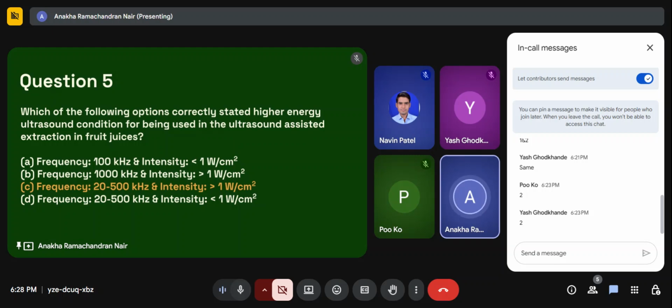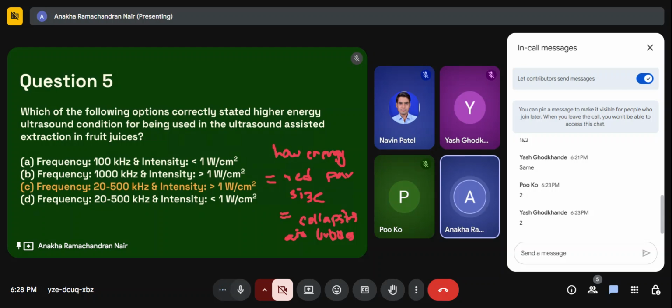Now, why is it like that? There is something called low energy, if you remember, and this is used for reducing particle size and for collapsing any air bubbles in the liquid, right? A lot of fruits and vegetables, if you've noticed, once they're juiced, especially Mosambi juice, will have air bubbles formed.